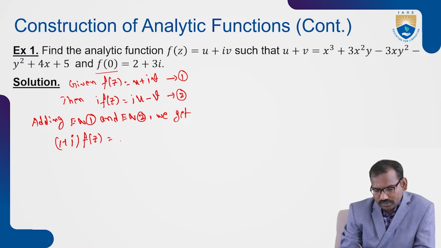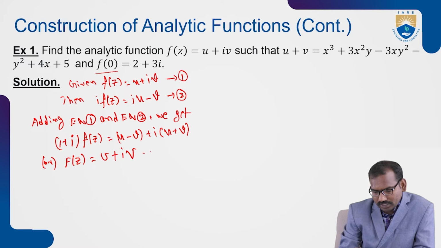I'm just adding these two. Here I can get its real part will be u minus v and the imaginary part will be u plus v. This expression I am writing in this form: capital F of z is equal to capital U plus I times capital V. This I am taking as equation number 3.